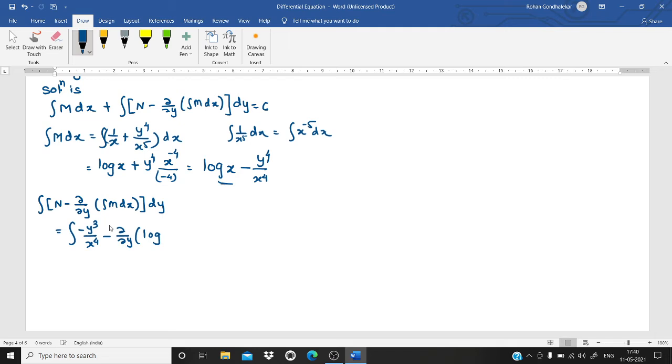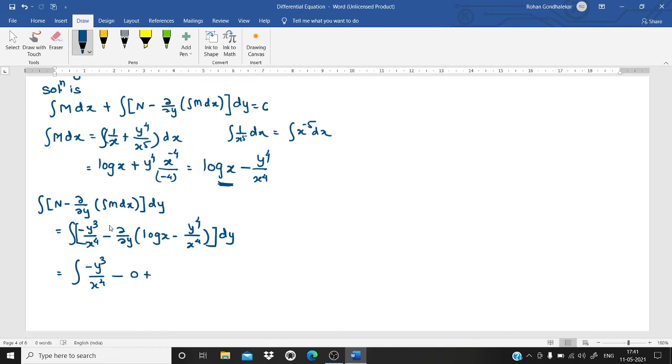Integral M dx. What is integral M dx? This term, log x minus y raised to 4 upon 4x raised to 4. The integration is with respect to y. So it equals the integral of minus y cube upon x raised to 4 minus, given inside, del by del y of log x. Log x doesn't have a y term, so its derivative will be 0.